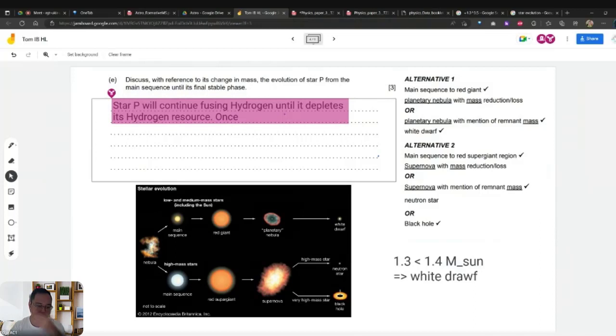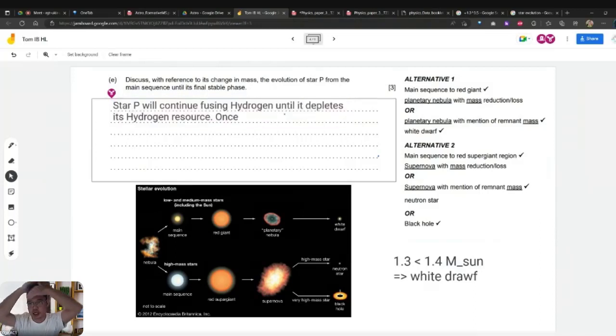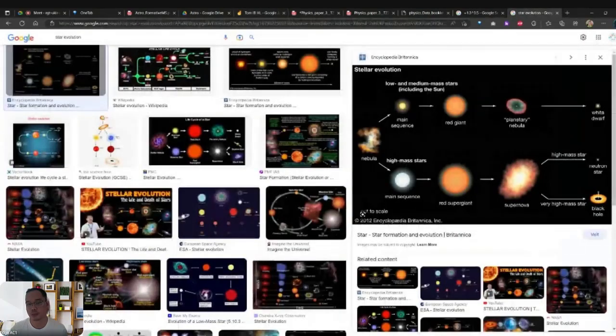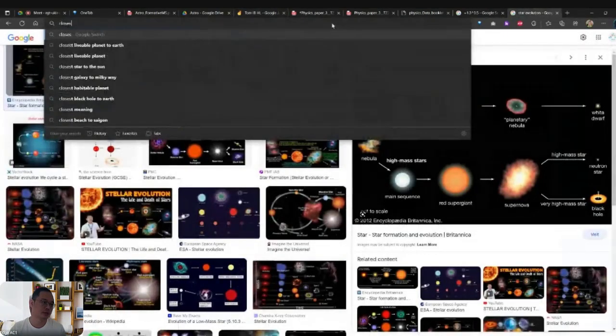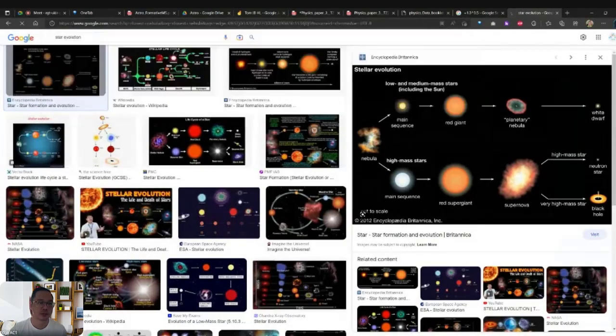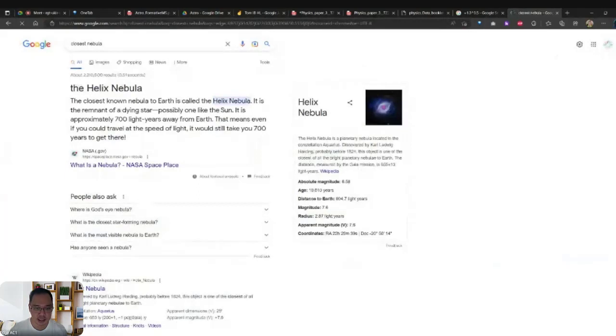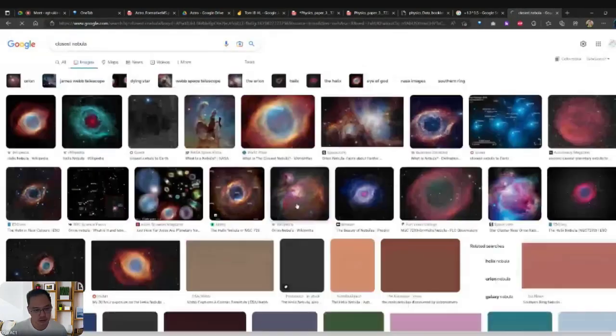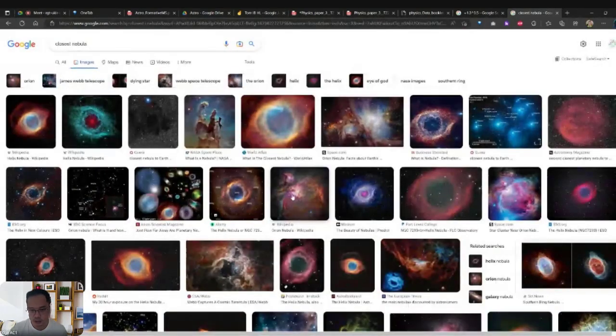Deplete hydrogen source, contract, restart the nuclear fusion, explode the outer layer, forming planetary nebula. Let me search for the picture of the closest nebula. Closest nebula to the Earth, like a neighboring exploded star. Helix nebula. Helix means spiral.